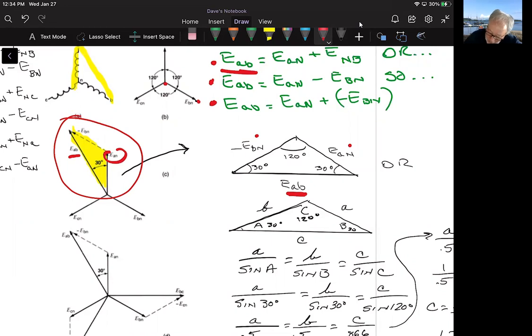So we know this is 120 degrees from our phase relationships with our phasor diagrams. We also can determine that these two angles here are equal, so they both have to be 30 degrees.